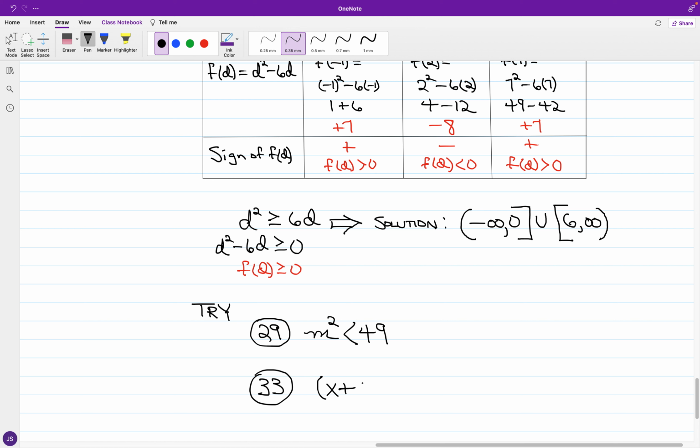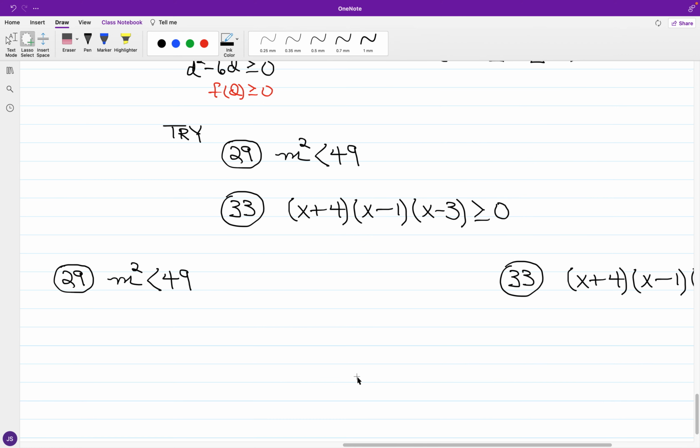So we can get to the zeros rather quickly. We have the quantity of x plus 4 times that of x minus 1, times that of x minus 3, is greater than or equal to 0.